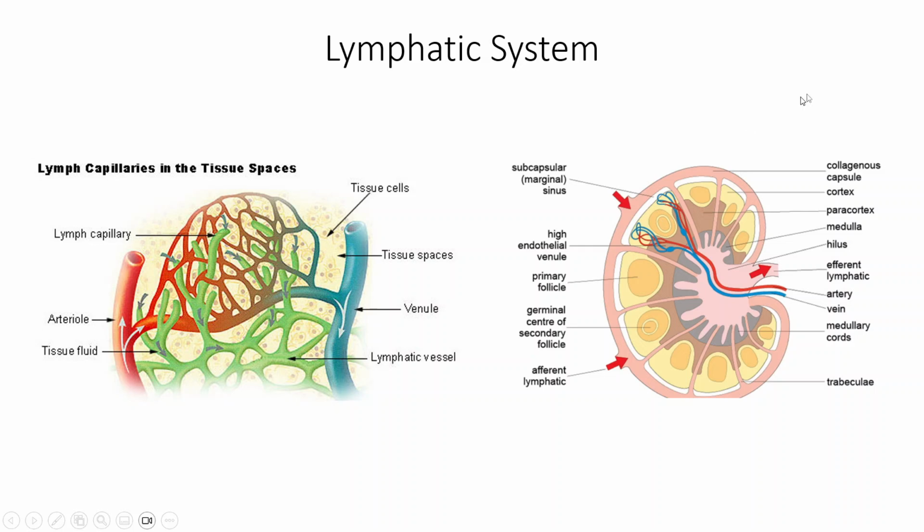So from lymphatic capillaries, they form lymphatic vessels, and these then drain into larger vessels, which ultimately circulate the lymph fluid through lymph nodes, which is very essential for the immune system. So we looked at the different types of vessels involved in the lymphatic system.